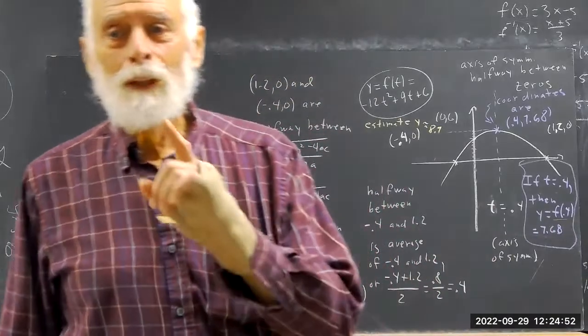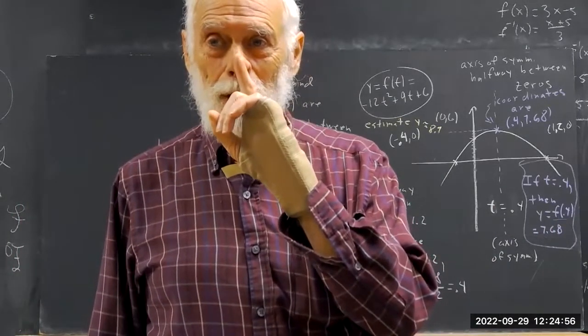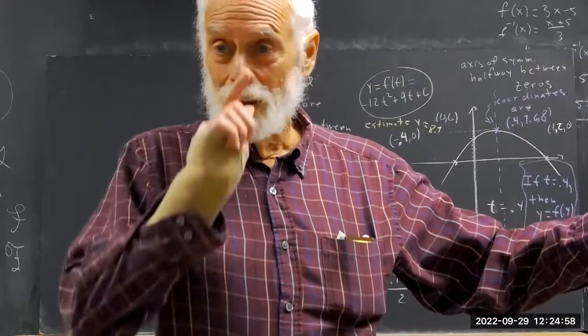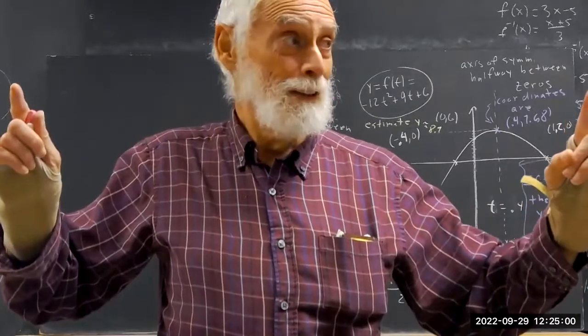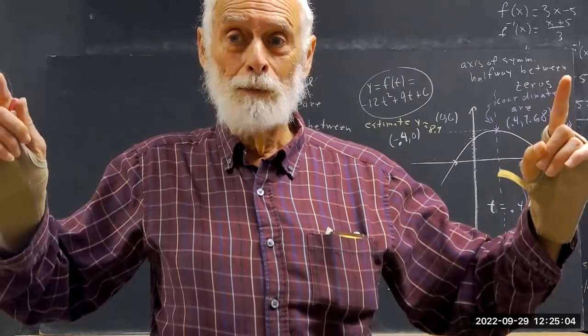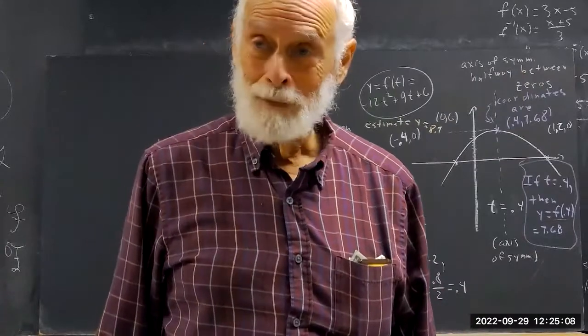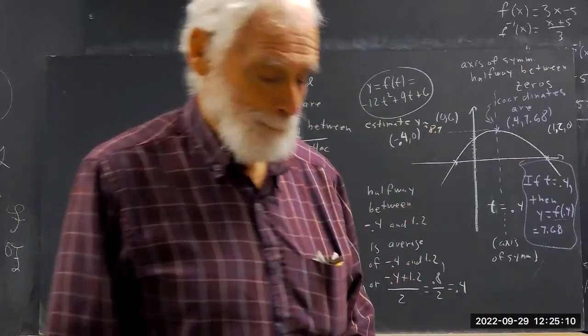So negative b over 2a is here. Negative b over 2a plus that thing, negative b over 2a minus that thing. Those are the zeros. Halfway between the zeros, my nose, right? Negative b over 2a.